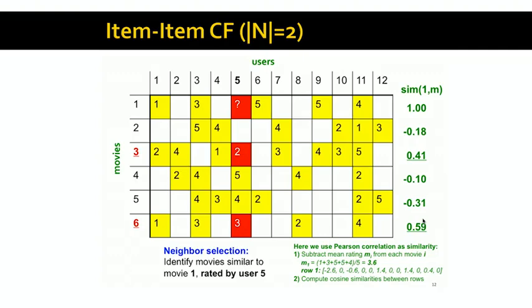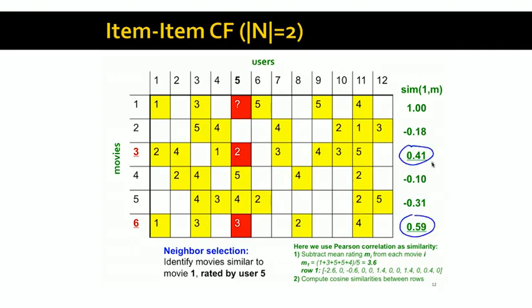And what we're going to do, remember, since our neighborhood size is 2, we need to find the 2 movies with the highest similarity to movie 1, and that have also been rated by user 5. And those 2 happen to be movie 3 with a similarity of 0.41 and movie 6 with a similarity of 0.59.